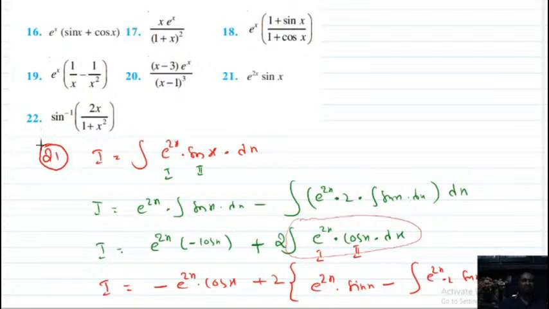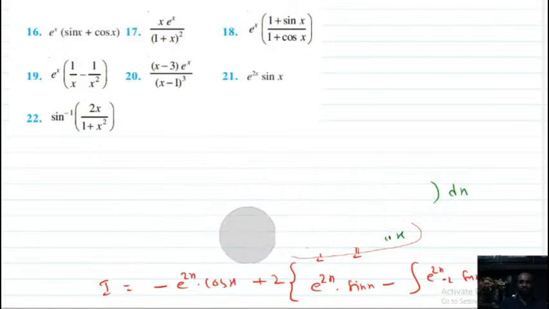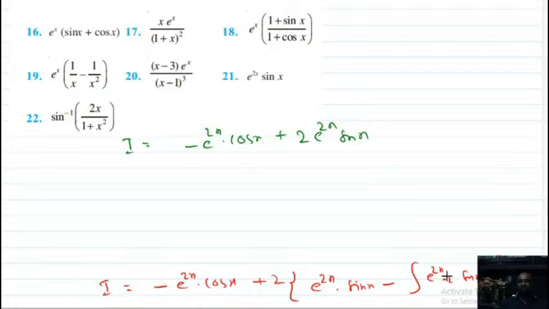Close the bracket. Students, listen. Now I is equal to minus e^(2x) into cos x plus 2 into e^(2x) into sin x, minus 4 times the integral of e^(2x) into sin x dx.